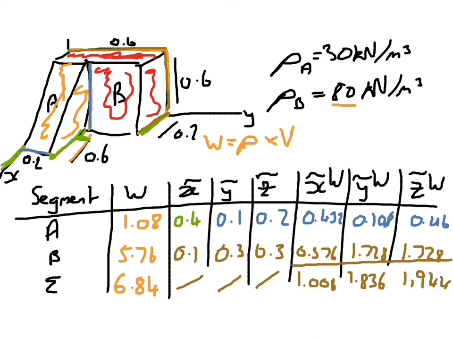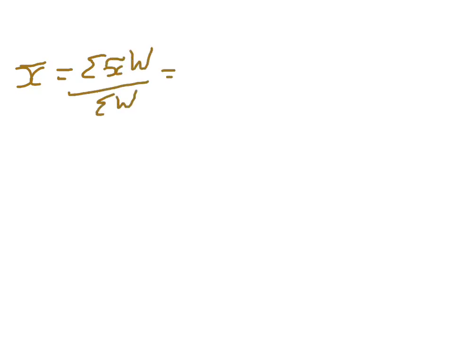So those 4 numbers on the bottom row you're going to want to carry across to the next slide if you're making notes. So my X bar position, the X coordinate of my centre of gravity, is going to be the sum of X tilde W over the sum of the weight, which was 1.008 over 6.84, so 0.147 metres.